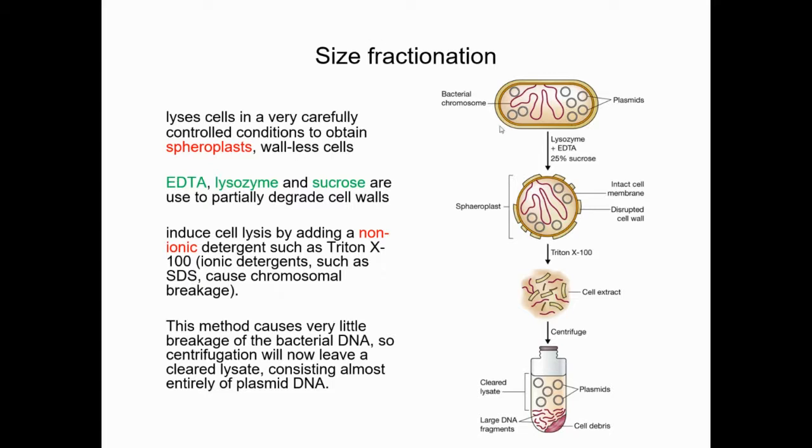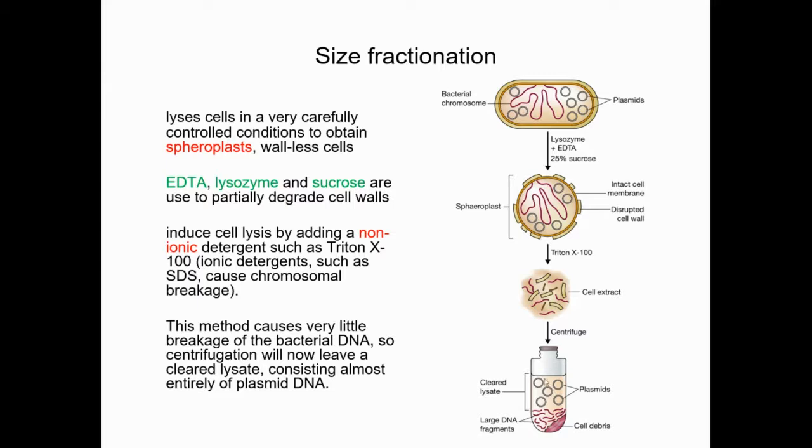So in this process, it's the same. Use lysozyme and EDTA. In the meantime, you have 25% sucrose, so that you can produce the spheroplasts. Then with the spheroplasts, you use Triton X-100 to release all the cell contents. The cell lysate contains both plasmid DNA and the intact genomic DNA. Now you can apply centrifugation. After centrifugation, the cell debris and the large DNA molecules, which will be the genomic DNA, will precipitate at the bottom.